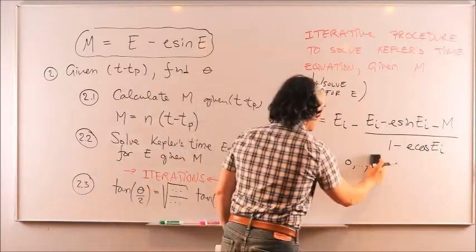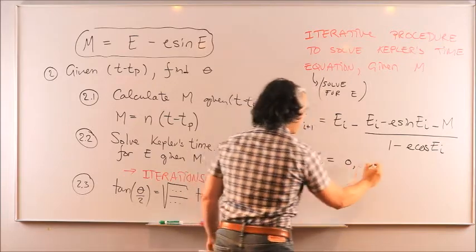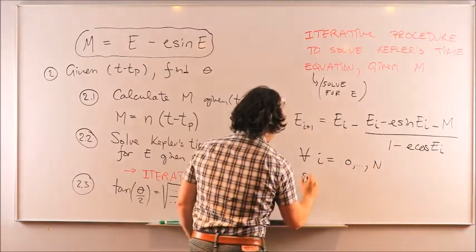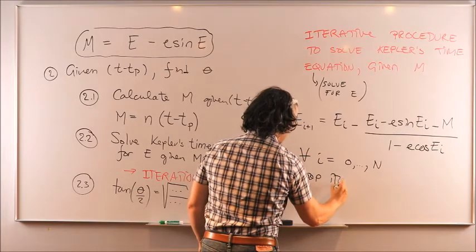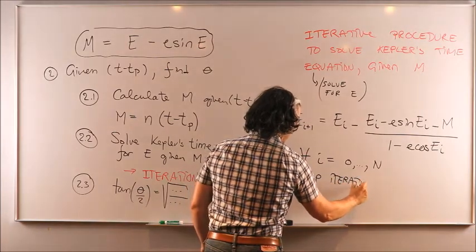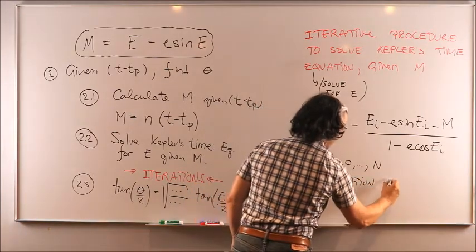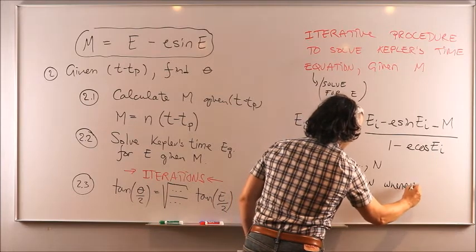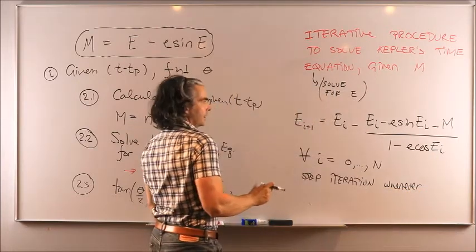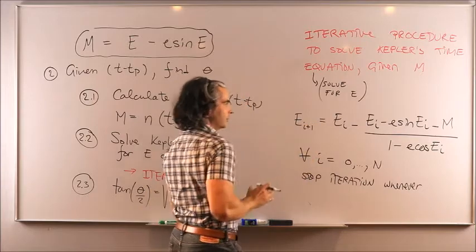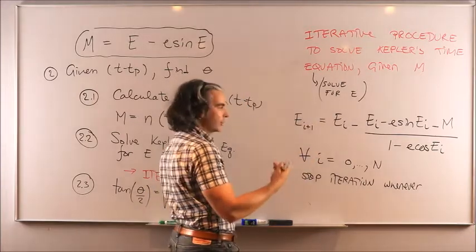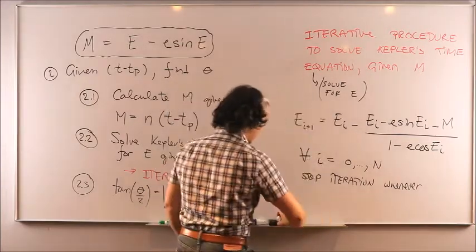But in practice, we like to stop the iteration whenever the difference between two values obtained from two different iterations is less than a threshold, okay?